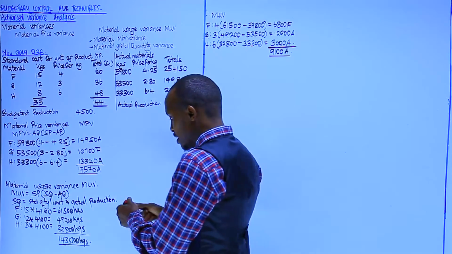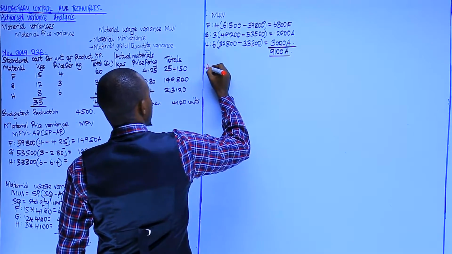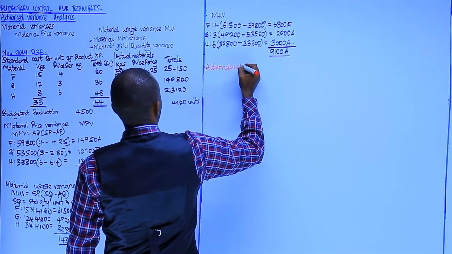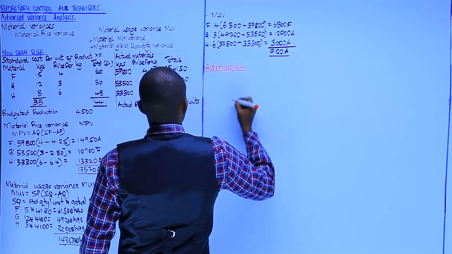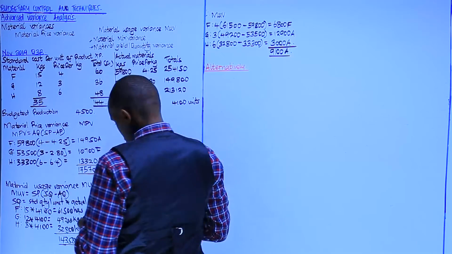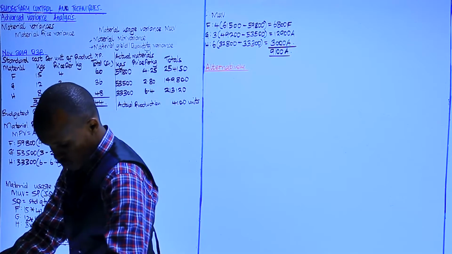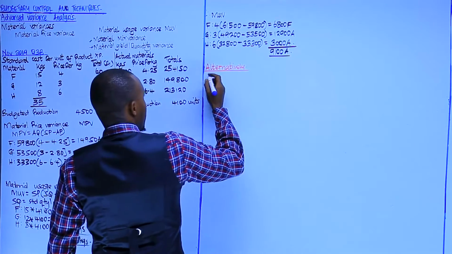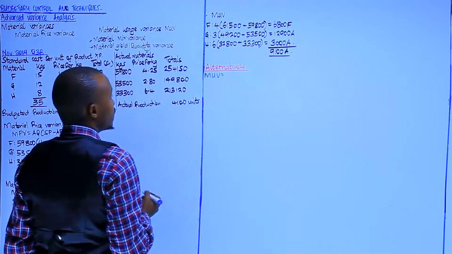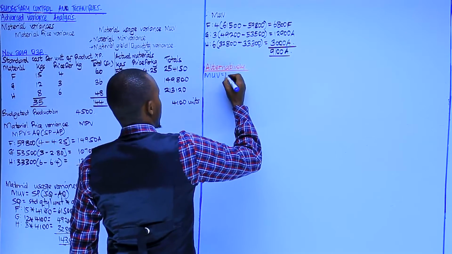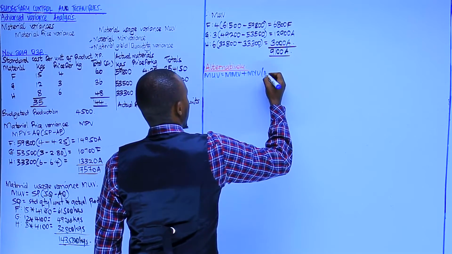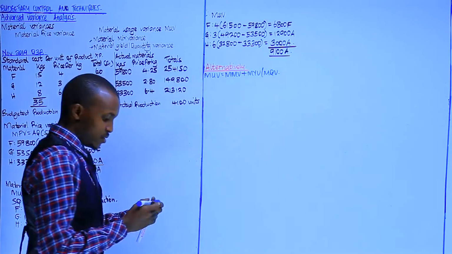Okay, so we will write here alternatively, the material usage variance can further be calculated as your material mix variance plus your material yield or material quantity variance.